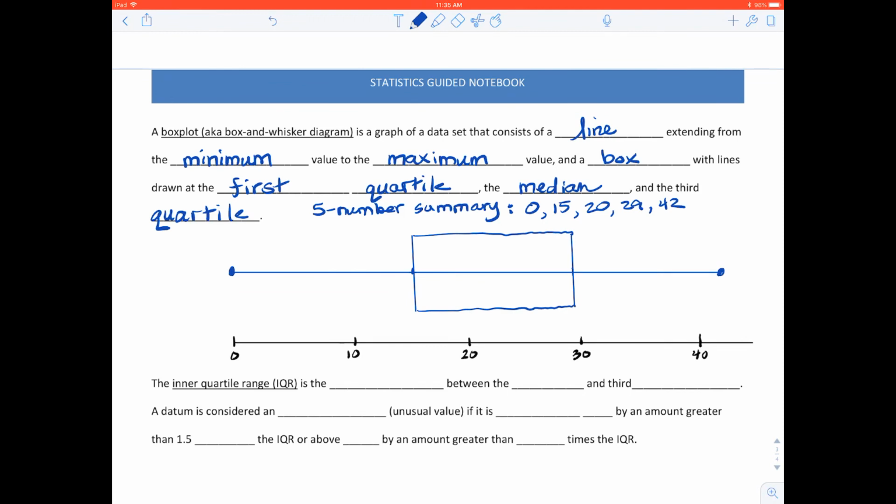Something like that. And then at the median, which was 20, you draw another line to show the measure of center.